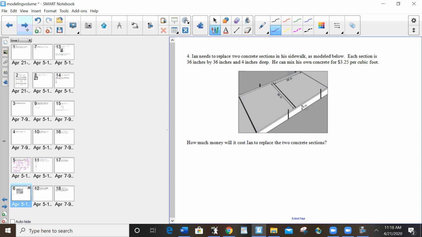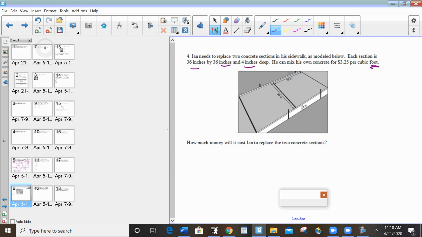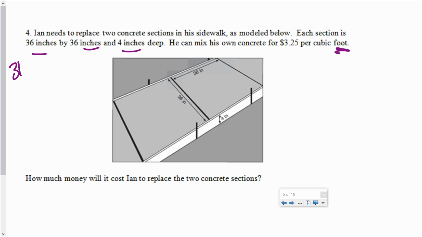Number 4, we have 2 concrete sections. Each section is 36 inches by 36 inches by 4 inches, so everything's inches. However, it wants the volume in feet. So I'm going to have to convert the inches to feet. I'm going to have to convert 36 inches to feet and 4 inches to feet. Inches goes on bottom.